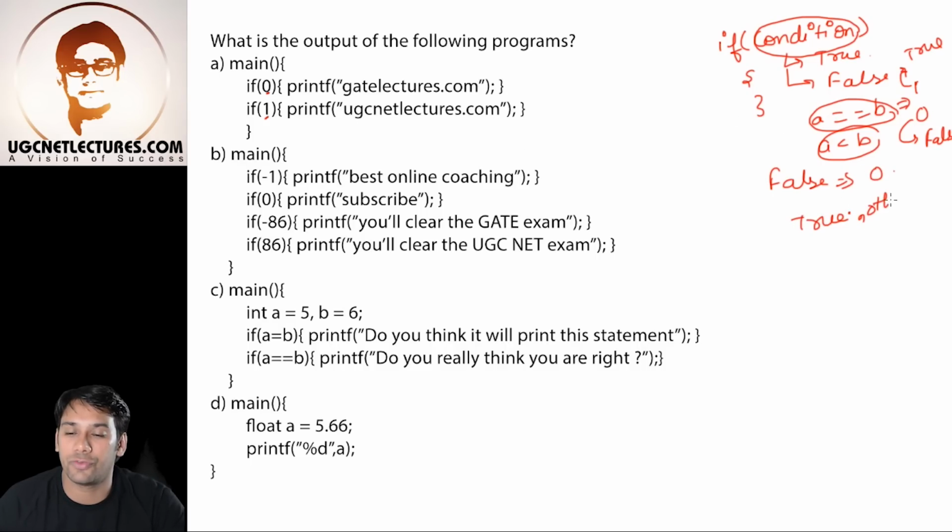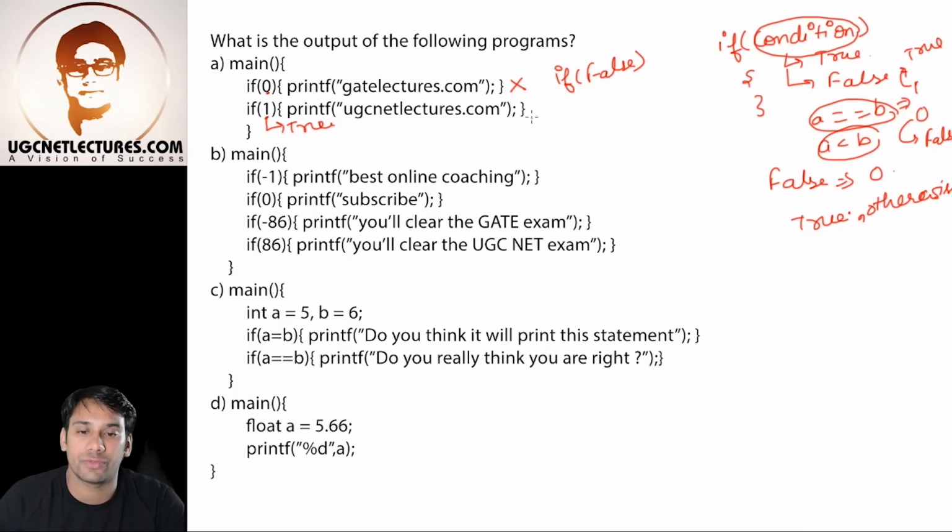Okay, so if you execute these programs, the first condition is if 0. If 0 means if false, and if false means this statement is not going to be executed, right? The next statement is if 1, and if 1 means true, therefore this statement will be executed. So it will print ugcnetlectures.com.